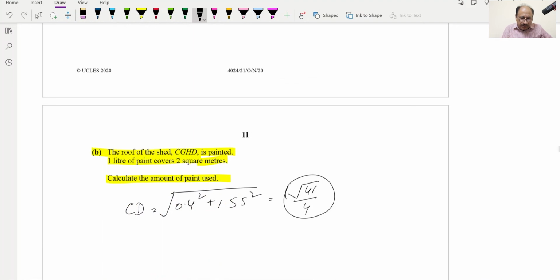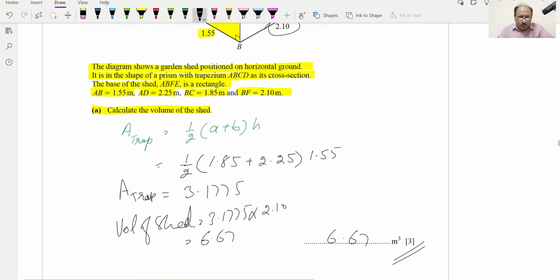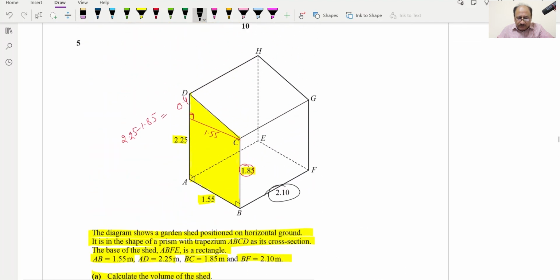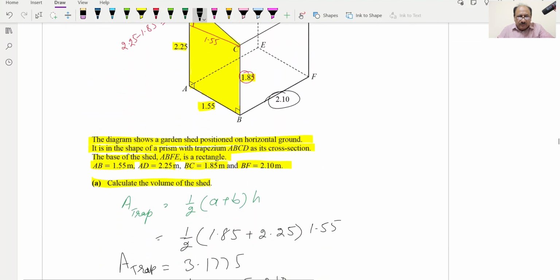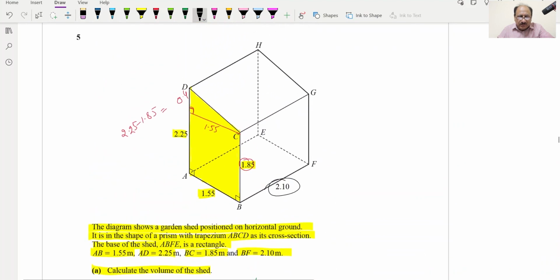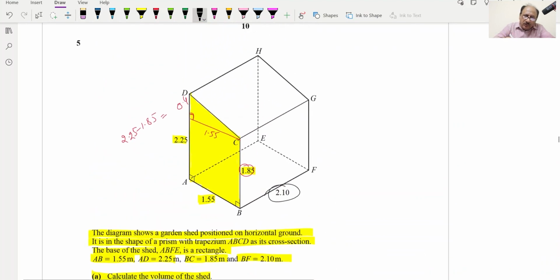The roof of the shed is painted, 1 liter. So we calculate the amount of paint. This will be multiplied by the length, 2.10. Basically we found CD, and now we are interested in finding the top area.